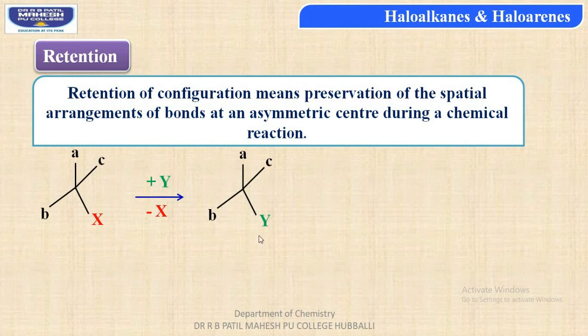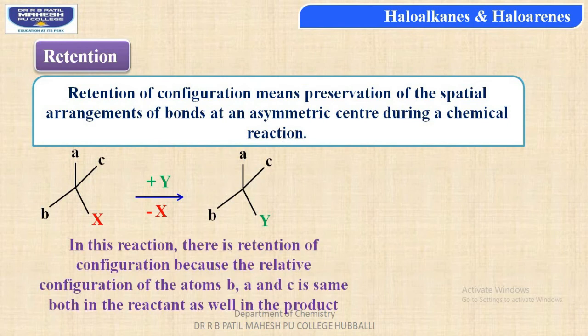In this case, there is retention of configuration because the relative configuration of the atoms B, C and A is the same in both the reactants and the products. Thus, this is an example of retention of configuration.